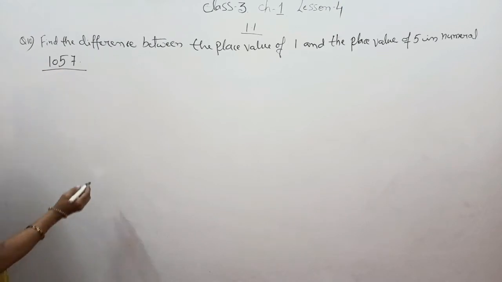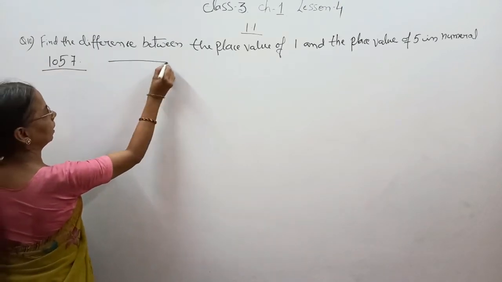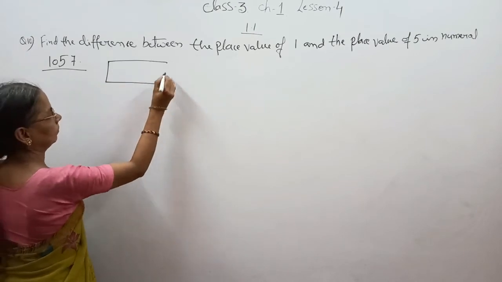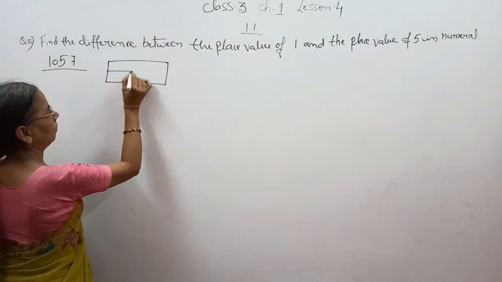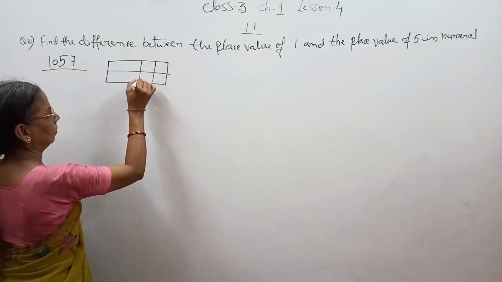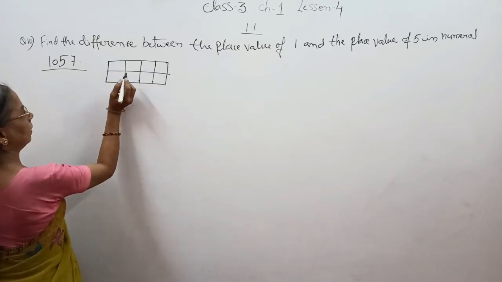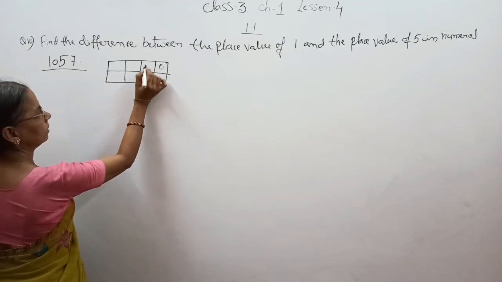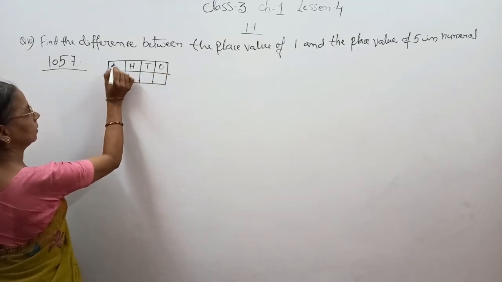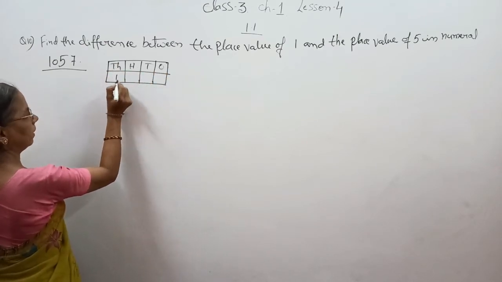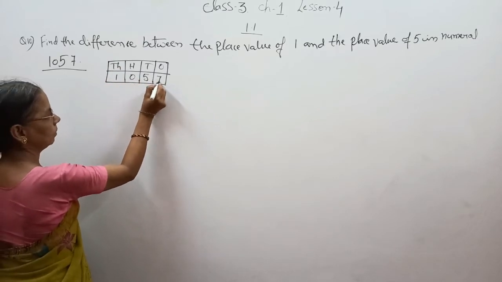That is by creating a chart. We have to know what is the value of 1 and 5. Ones, tens, hundreds, thousand. That is 1, 0, 5, 7.